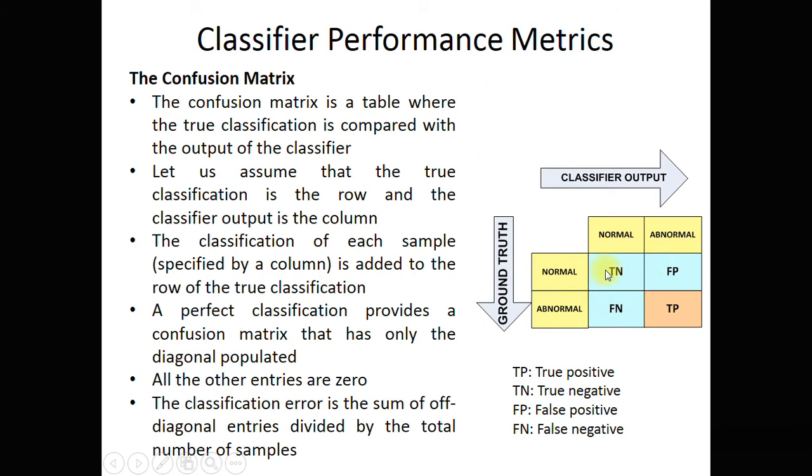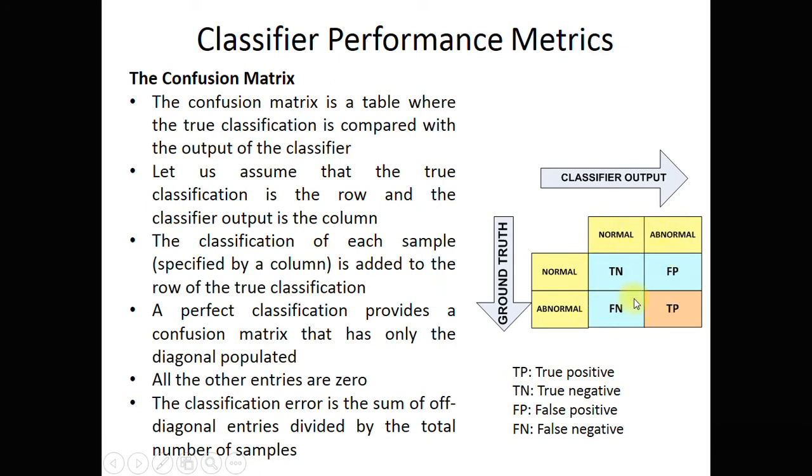I am talking from the perspective of the electrocardiogram pattern, the QRS complex. If I say normal and abnormal, there are two classes, and we already know the ground truth that there are, let us say, 200 exemplars in the training set belonging to normal and 200 belonging to abnormal. Whenever the classifier comes out with the output, this is the classifier output.